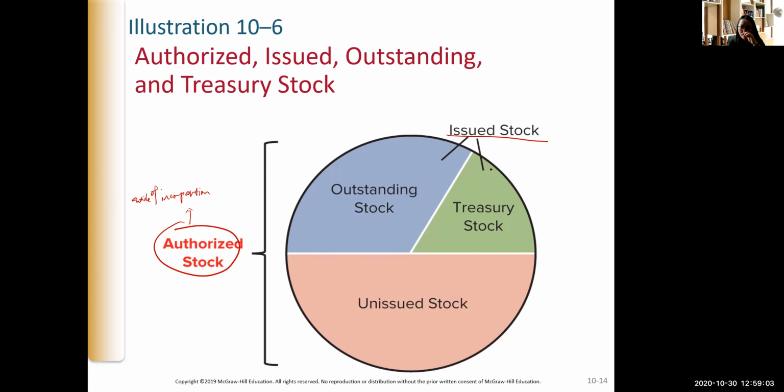And then in terms of issued shares, there's outstanding stock, which is held by outside investors, the stockholders. Also, companies can buy back issued stock and treat it as treasury stock, or in other words, the company itself owns these stocks.